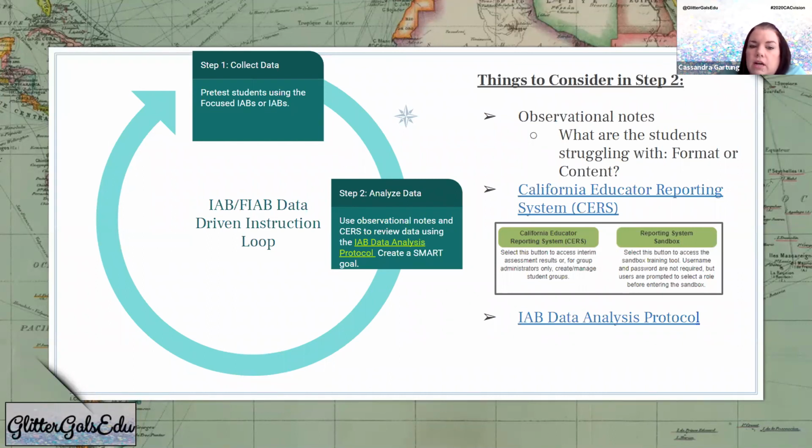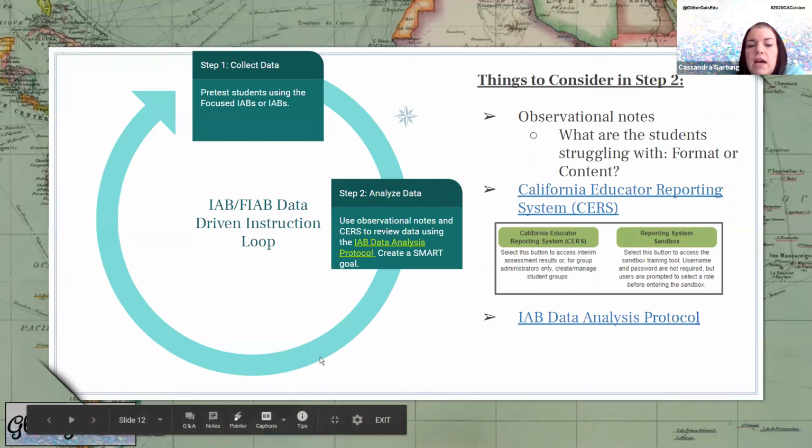So step 2 here, we're going to analyze the data. You're going to use observational notes. It's extremely important to walk around while they're taking the IABs and take observational notes. You will see how much your students actually know about the format of the test by doing this. And you're going to use your CERS, which is the California Educator Reporting System.